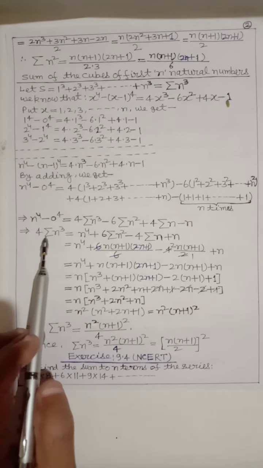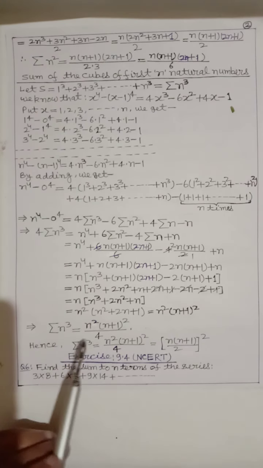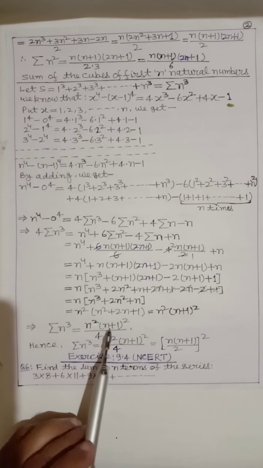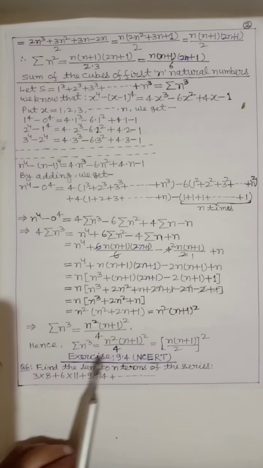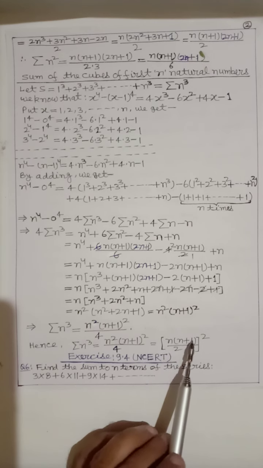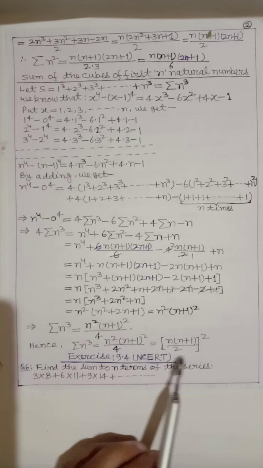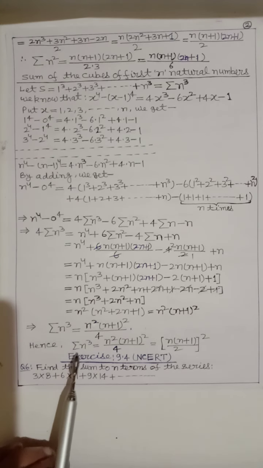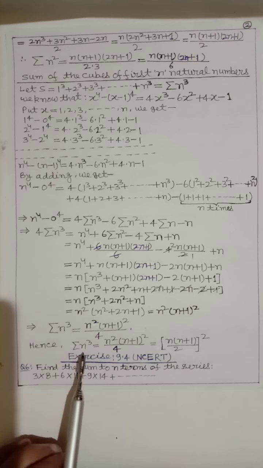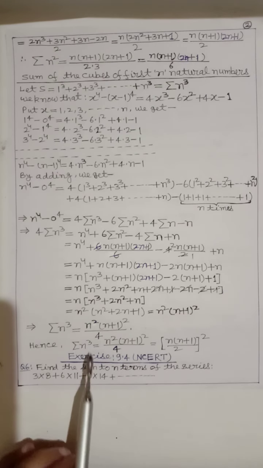So summation n cube is equal to n square into n plus 1 whole square by 4, and we can write this as summation n cube is equal to n into n plus 1 by 2 whole square. So this is the sum of cubes of first n natural numbers.